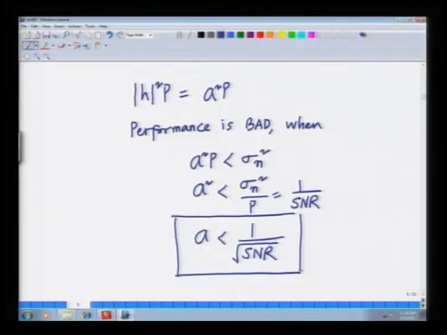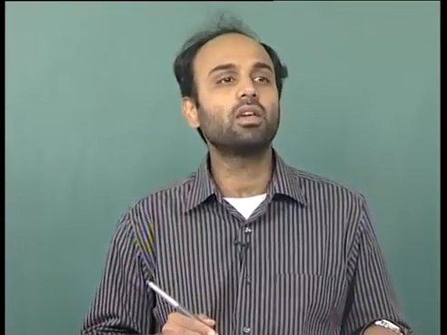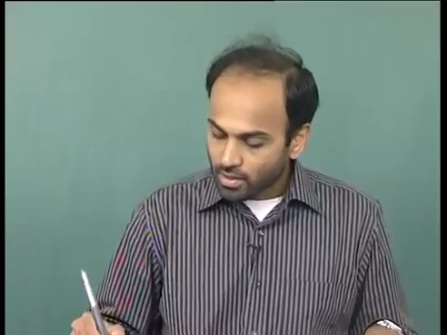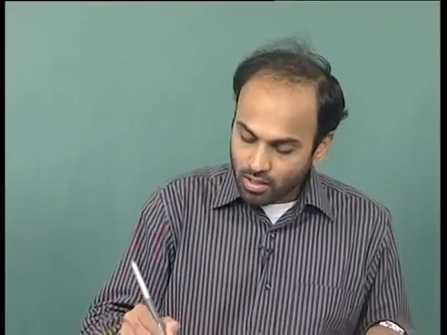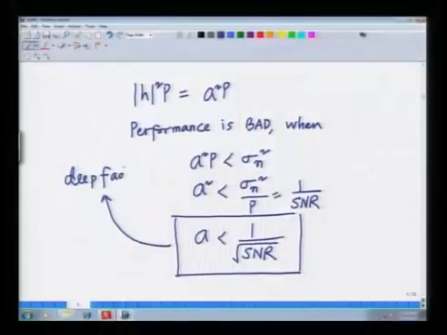When A is less than 1 over square root of SNR, the received power is much less than the noise power at the receiver, which means the bit error rate is going to be very high, because the signal power is very low, and this is known as a deep fade event. Why is this happening?